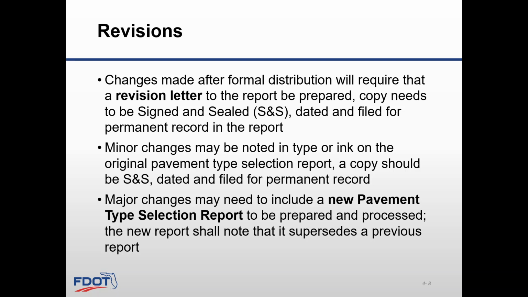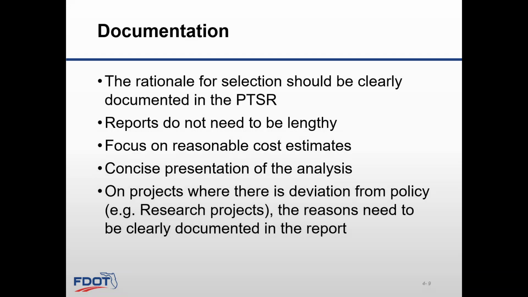Major changes may require a completely new pavement type selection report be prepared, in which case it is important to document that it supersedes a previous report. The rationale for selection should be clearly documented in the pavement type selection report.